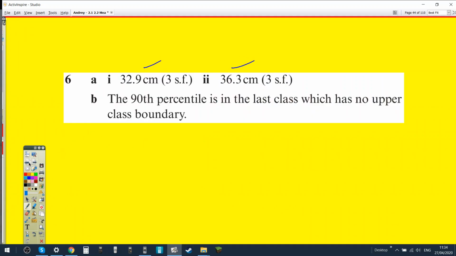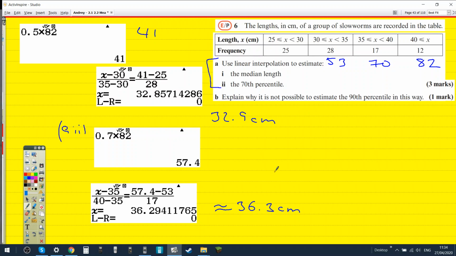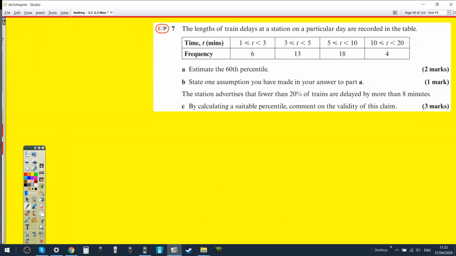Great. And this one had no upper bound. Any questions there? I think you've got those. Am I right in saying you'd be fine for A? Yeah. Then how do you go about question C? Or sorry, what would be question B?